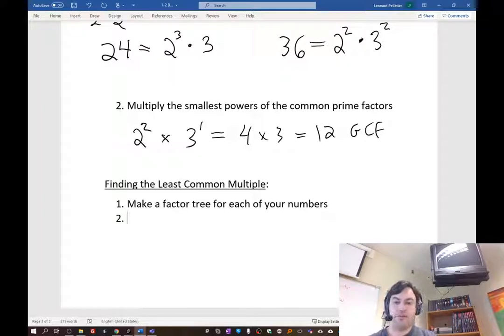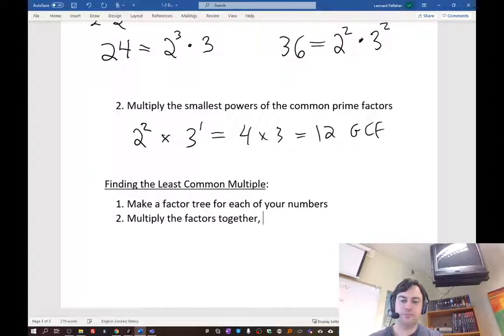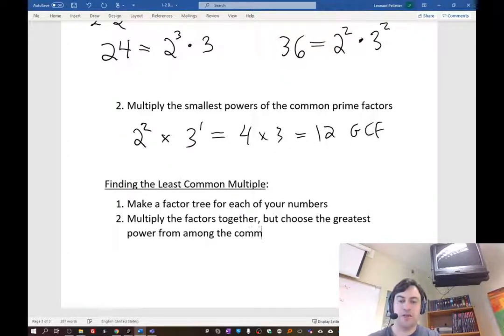And if there are common factors, you're going to take the greatest power from among the common factors. So multiply the factors together, but choose the greatest power from among the common factors. That's sort of our step process.